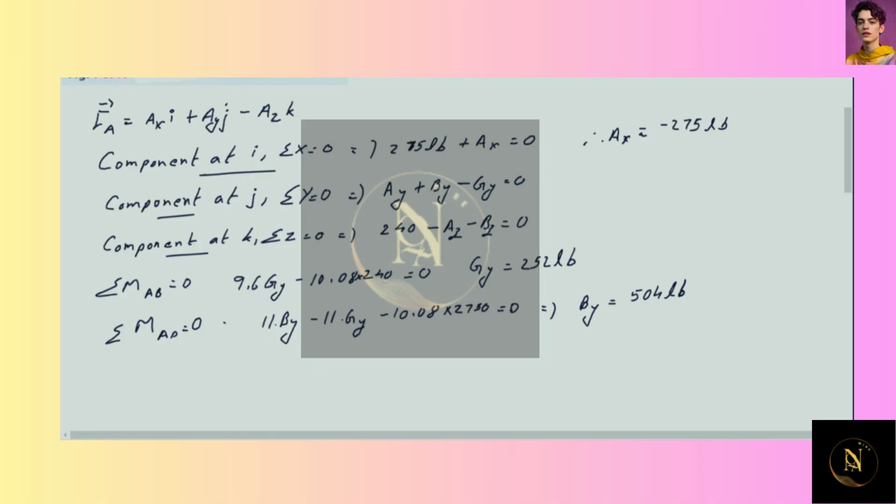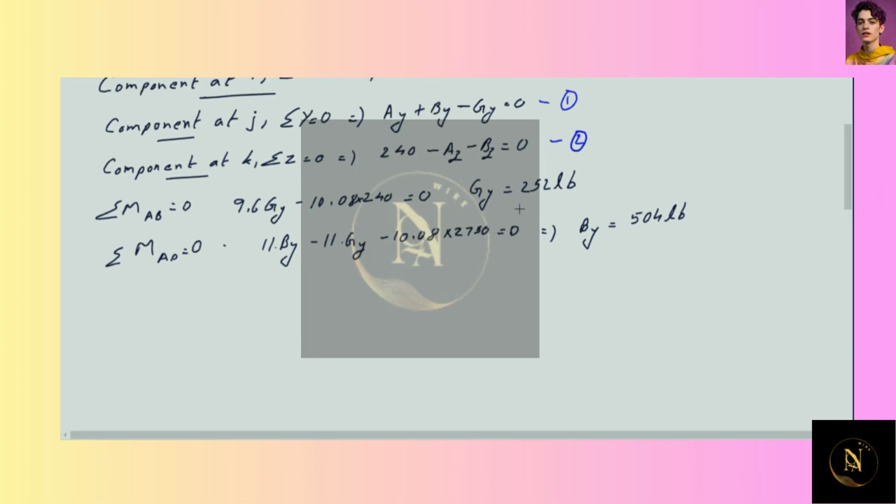Substitute By and Gy in equation 1, which gives the value for Ay, which will be minus 252 lb.